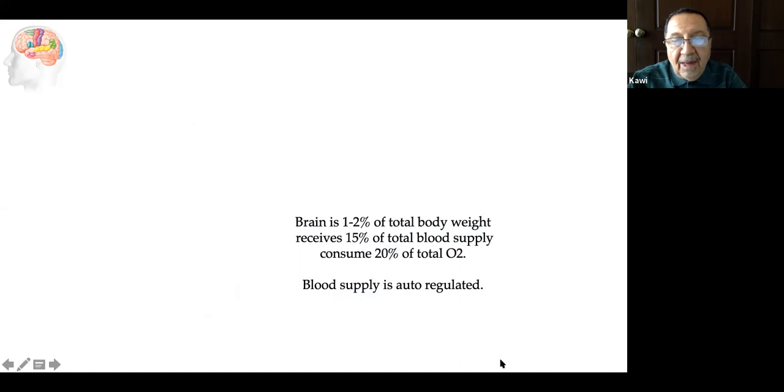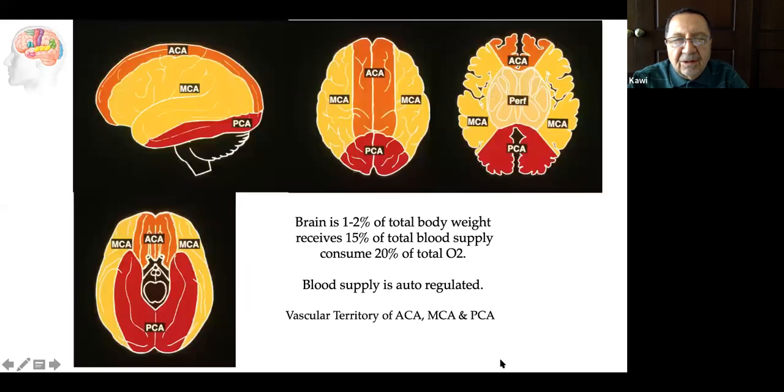And the blood supply is auto-regulated, which means that the blood vessels can dilate in the face of decreasing blood pressure or mean arterial pressure in order to allow more blood to come to the brain with a little force. And it will constrict if the blood pressure goes high. This is the auto-regulation.